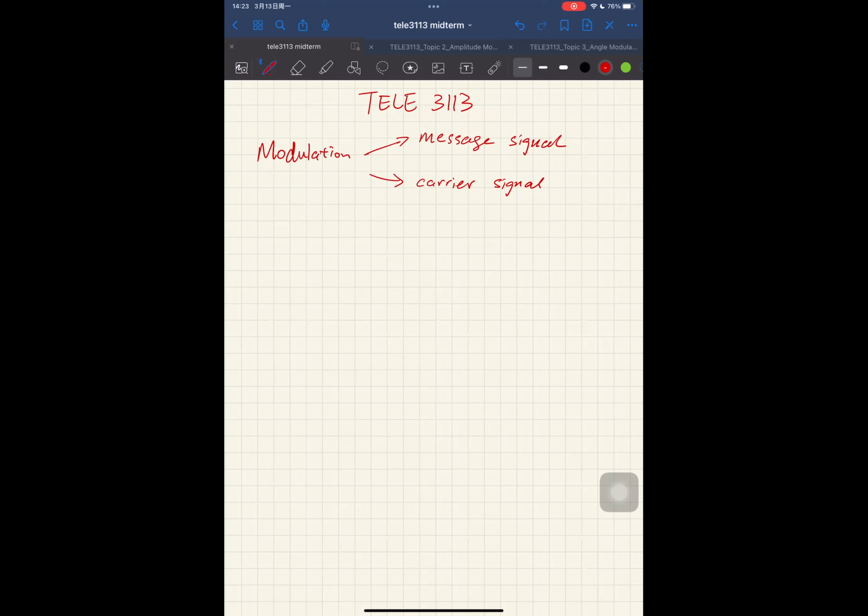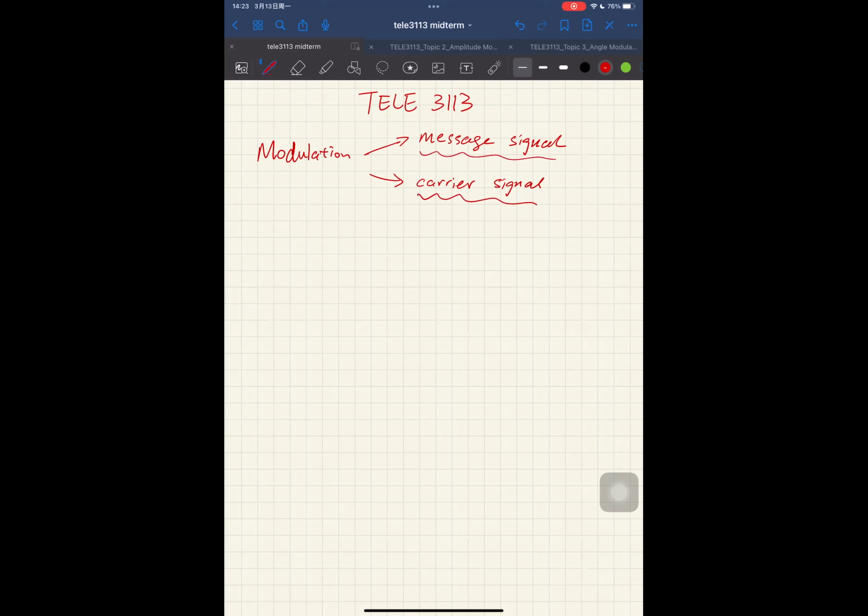But low frequency is not efficient for transmission. Normally, these days, the channels operate at very high frequency. That's the reason why we require a very high frequency carrier signal to carry the message signal, so that we can transmit efficiently.